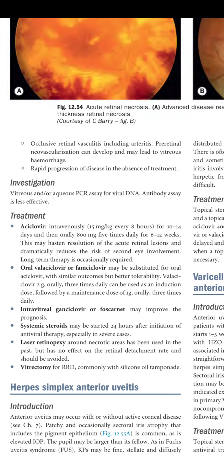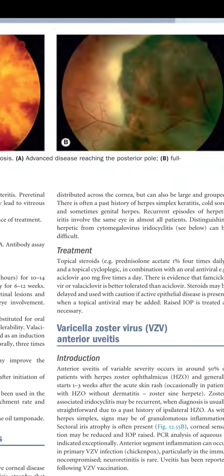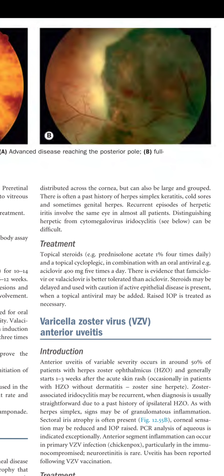Patchy and occasionally sectoral iris atrophy that includes the pigment epithelium is common, as is elevated IOP. The pupil may be larger than its fellow, as in Fuchs uveitis syndrome. KPs may be fine, stellate, and diffusely distributed across the cornea, but can also be large and grouped.